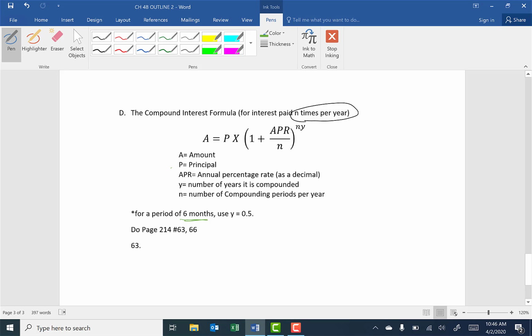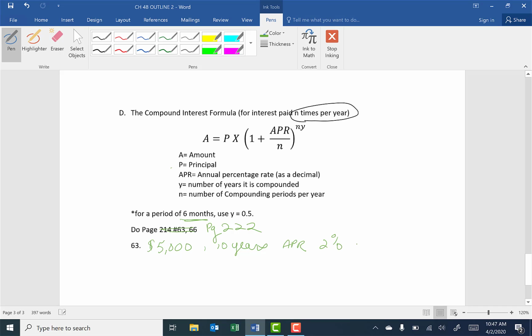Okay, let's go to page 222 in your text and do number 63. The problem states that we take $5,000 to invest, and it's invested for 10 years with an APR of 2%.